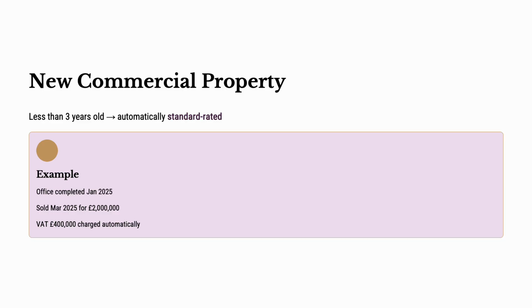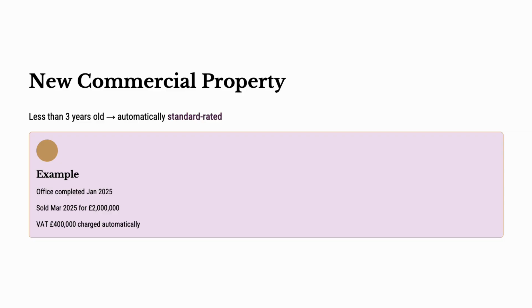New commercial property. Here is a special rule that catches us all. New commercial property less than 3 years old is automatically standard rated for VAT purposes. You don't need to elect to opt to tax at that point. It is automatic. For example, your office building is completed in January 2025. It's sold in March 2025 for £2 million.